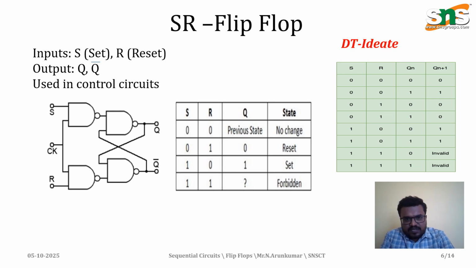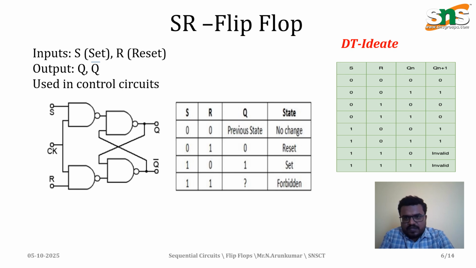Then the condition of this SR flip-flop is: Q, the previous state, for 00; 0 for 01; 1 for 10; and 11 has no valid answer. The corresponding states are represented as no change, reset, set, and forbidden.